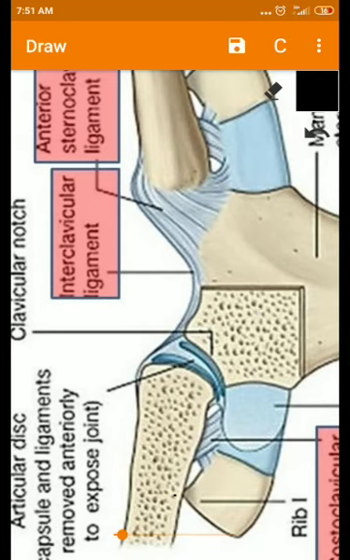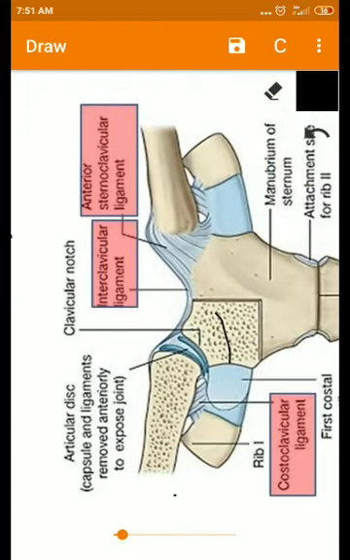Now we'll see another ligament, the anterior sternoclavicular ligament. The name itself indicates that it is present on the anterior side of the joint, and it is connecting the sternum and the clavicle. So it is called the anterior sternoclavicular ligament.